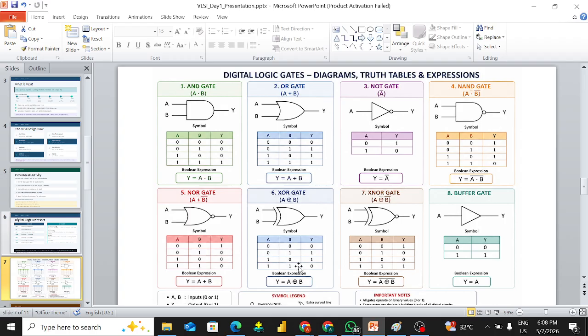Because I said earlier that in an OR gate, if A and B are both 1, they can't show dominance over each other. They will just compromise and say, yeah, we will work together. But in the XOR gate, if both of them are on or both off, they can't compromise with each other. They just say, you go your way, I go my way.